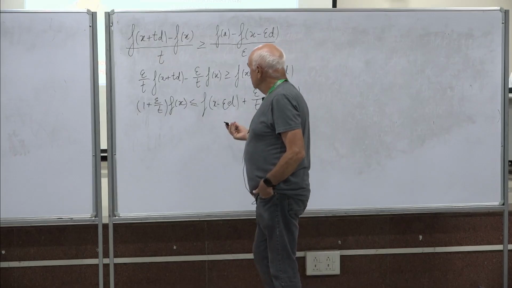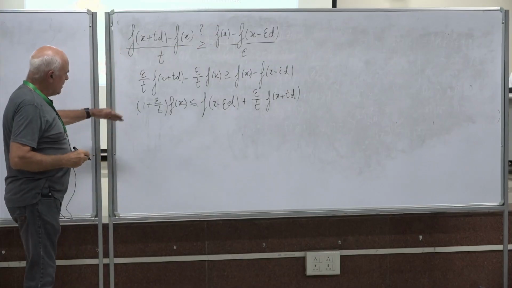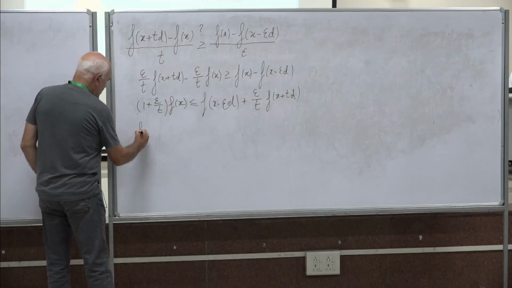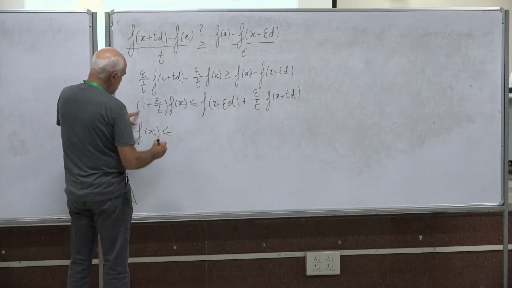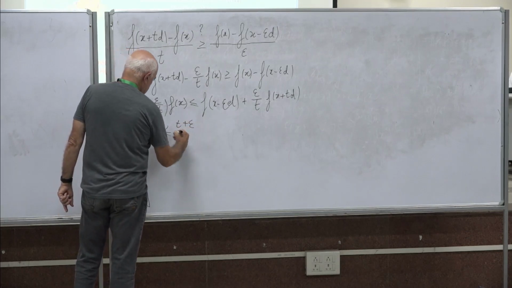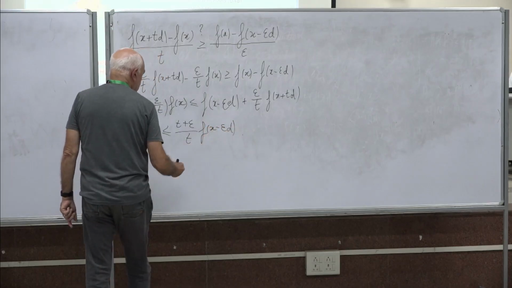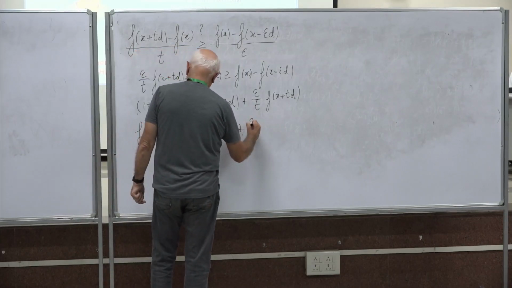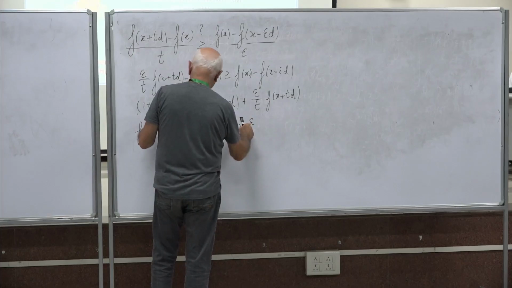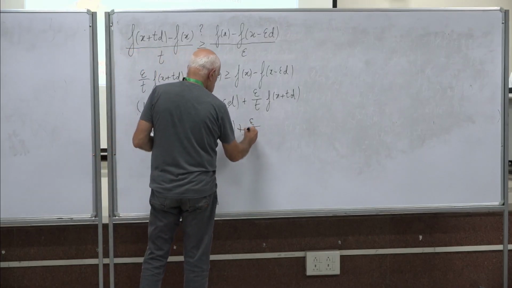This is what we want to prove, okay? I'm trying to prove this inequality. These are equivalent inequalities. And then solving for f of x, this gives us f of x less than or equal to t plus epsilon divided by t, f of x minus epsilon d, plus epsilon over t plus epsilon. Is this correct?